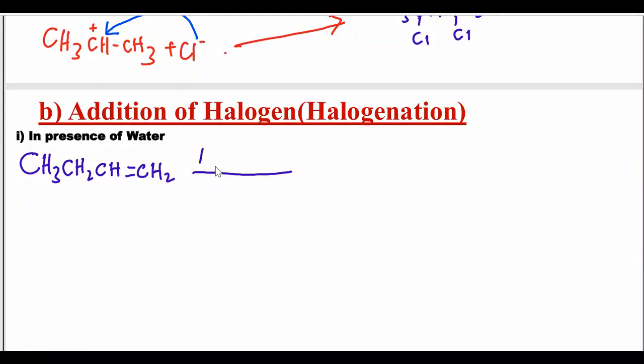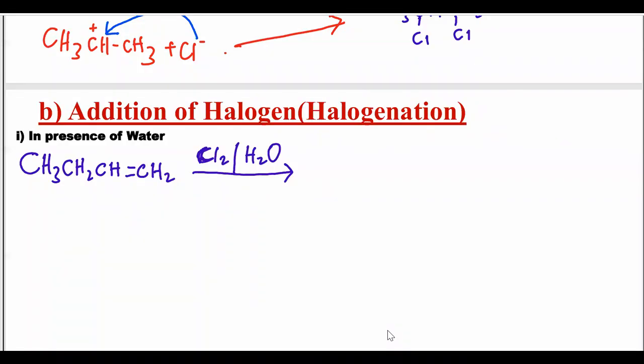Can we use bromine or chlorine? Okay, let's first use chlorine, in the presence of water. The other one was in the presence of carbon tetrachloride, which is an inert solvent. This time it is chlorine. What is the product first?